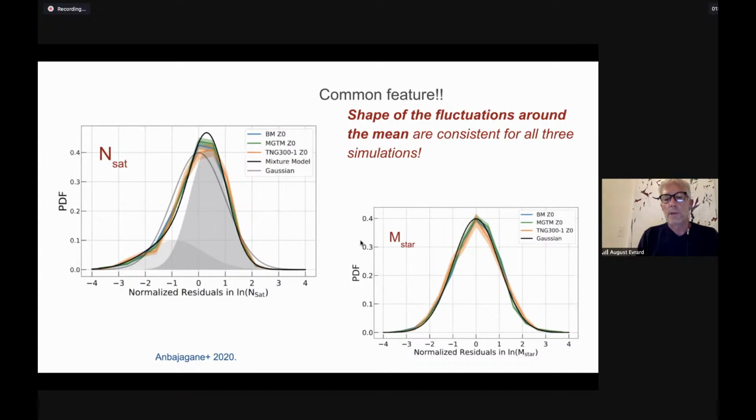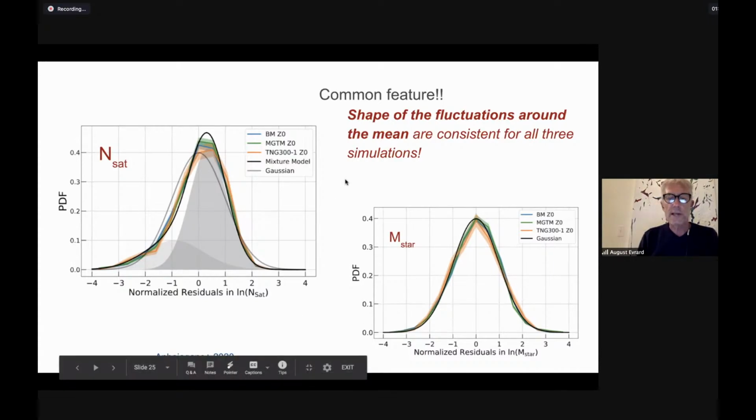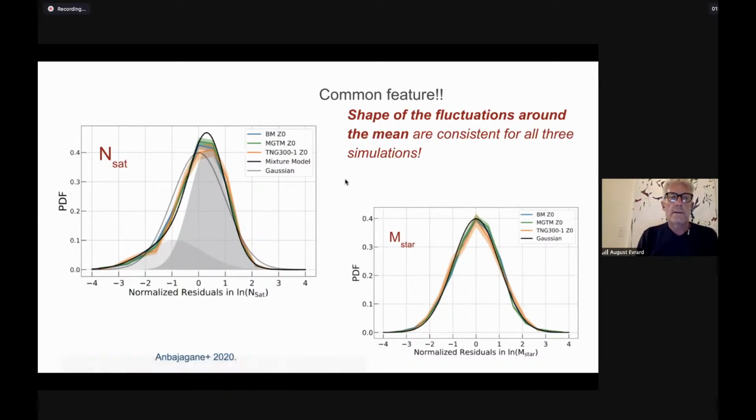It's even simpler when you look at the total stellar mass in the halo, which is this quantity M star. M star is very Gaussian distributed in the log around the mean. So these kinds of distribution functions are extremely useful for making analytic predictions, for modeling of survey yields, for example, from galaxy clusters identified in optical surveys.